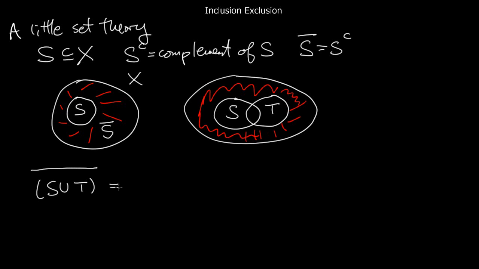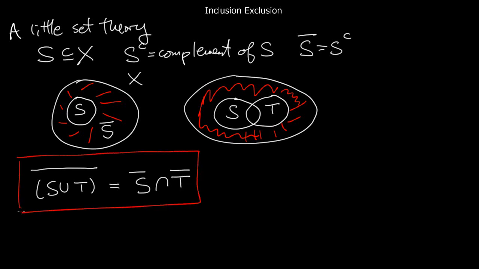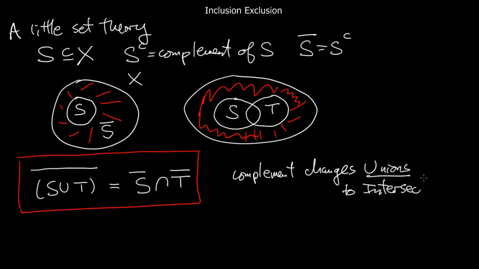If you think about it, it's S bar intersect T bar. The elements which are not in S or T are the elements which are not in S and not in T. That is to say, taking complements changes unions and intersections. That's the key point. This is an elementary fact, but I suggest you stare at this picture and convince yourself that this is correct. Complements change unions and intersections.